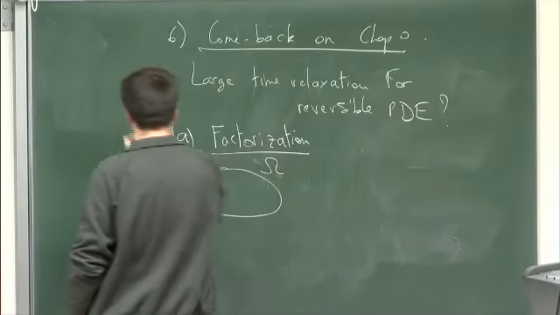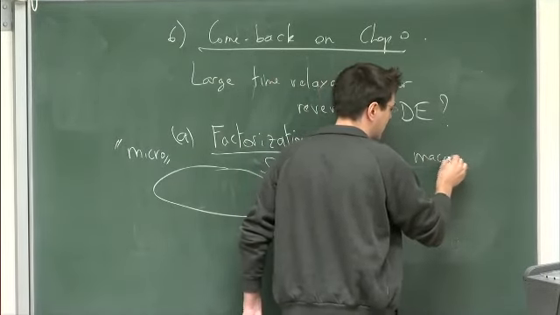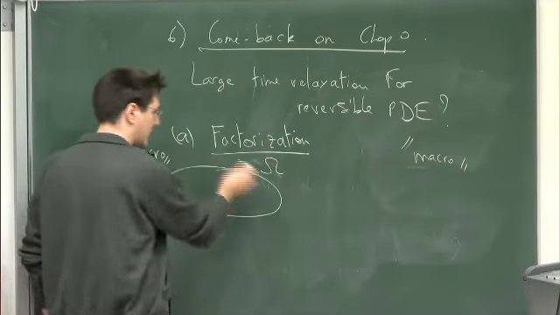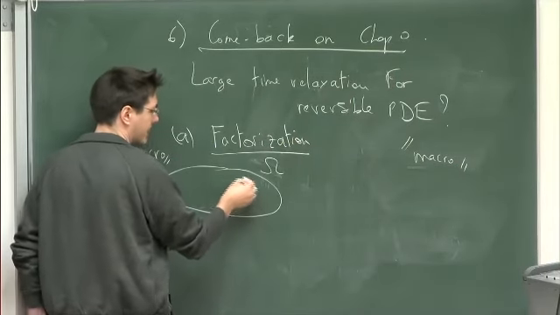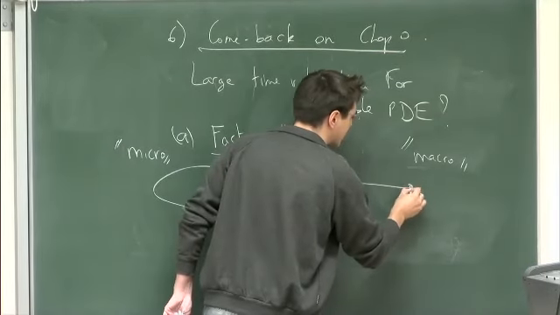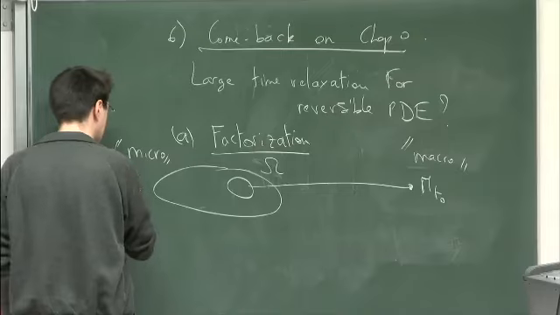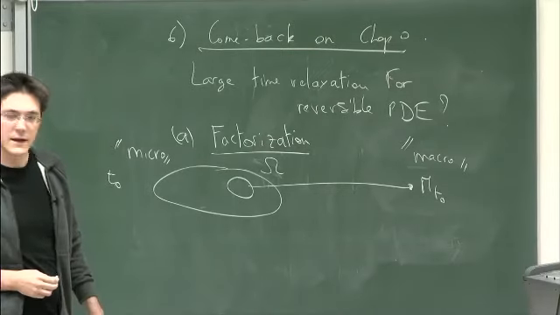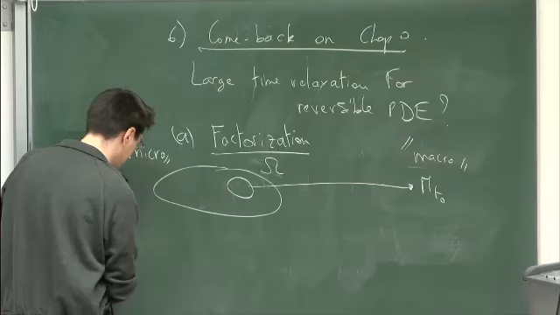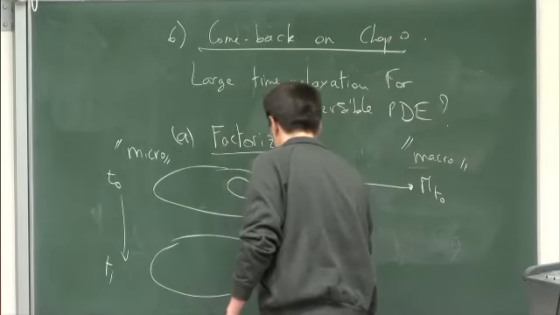Micro is anything smaller than macro, and macro is anything larger than micro in my picture. And so you have some phase space here, and you have some region of the phase space which gives a macro state at time 0. And then you let things evolve up to some time t1.